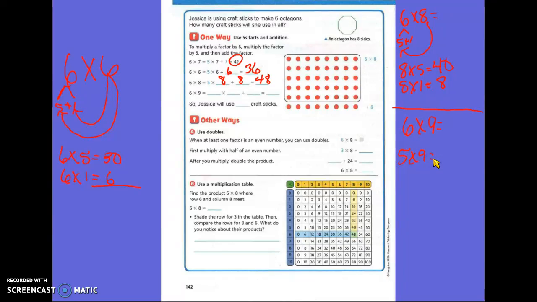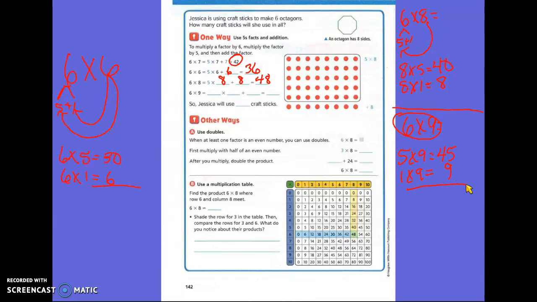If 8 times 5 was 40, then 5 times 9 would have to be 45. Now, what do I do next? I actually wanted to be doing 6 times 9, so you have to do 1 times 9, so that it would equal the 6th part. What's 1 times 9, everyone? 9.